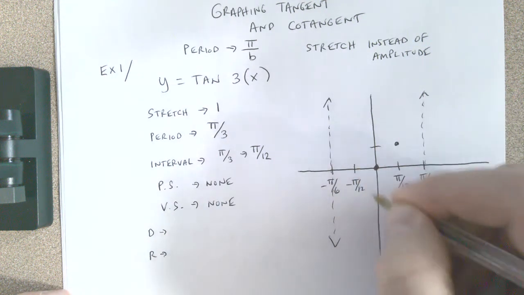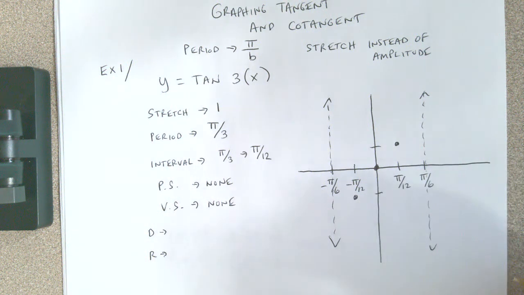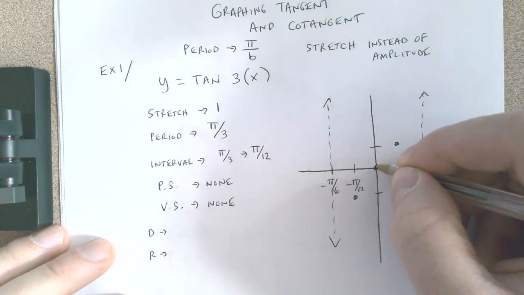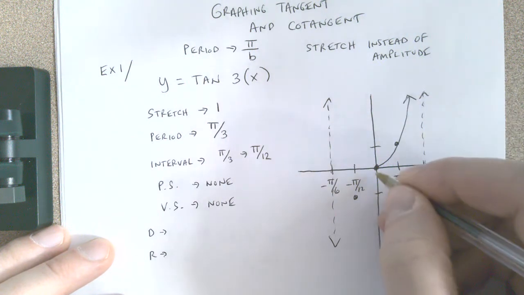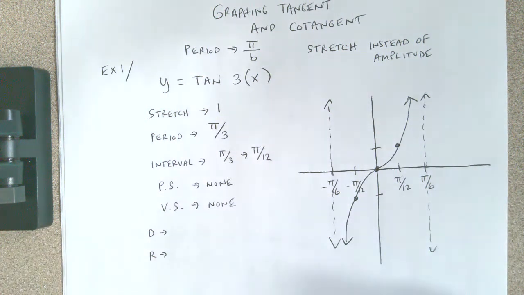And then at the negative 1, I'm going to go down to negative 1. So my general tangent curve goes up and to the right, approaching the asymptote, and down and to the left, approaching the asymptote there.